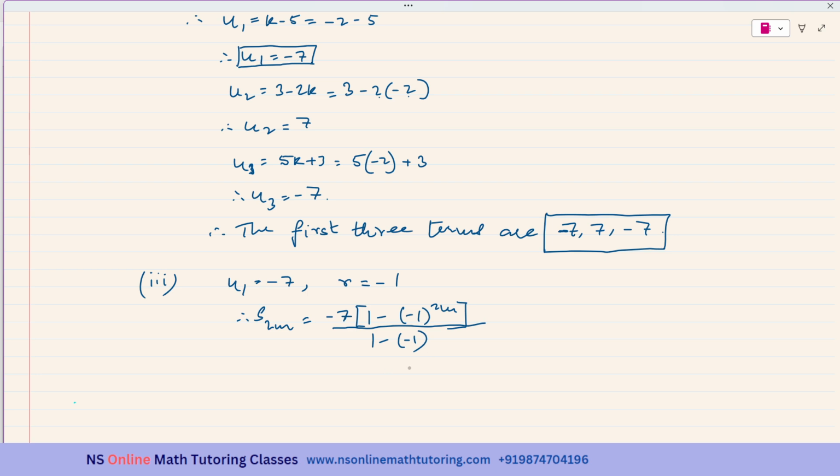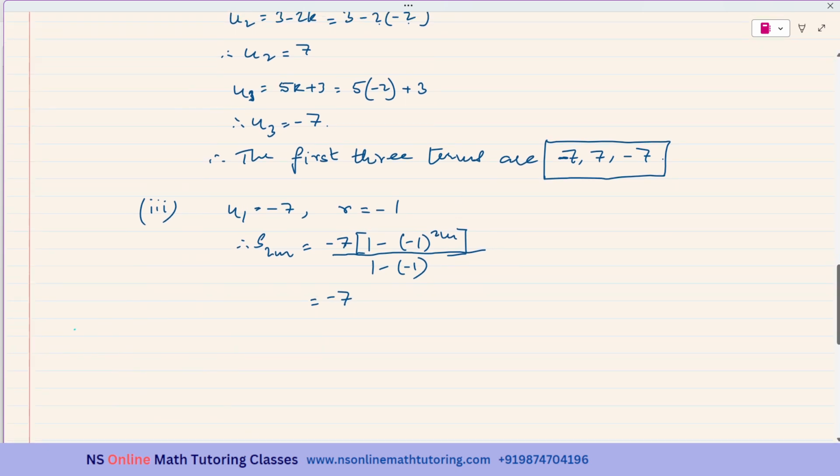So, this is equal to minus 7, and we do not know the value of m. Doesn't matter really, because 2m is an even number. Whatever the value of m, if m is some even number, then 2m is an even number. Even if m is an odd number, 2m will be an even number.